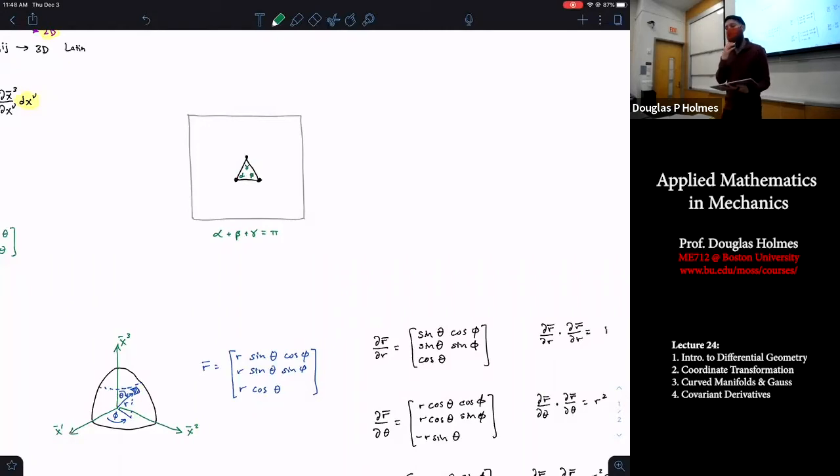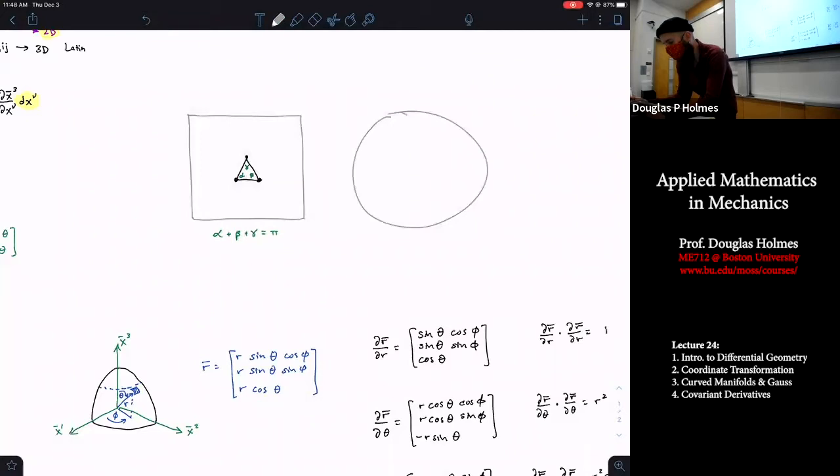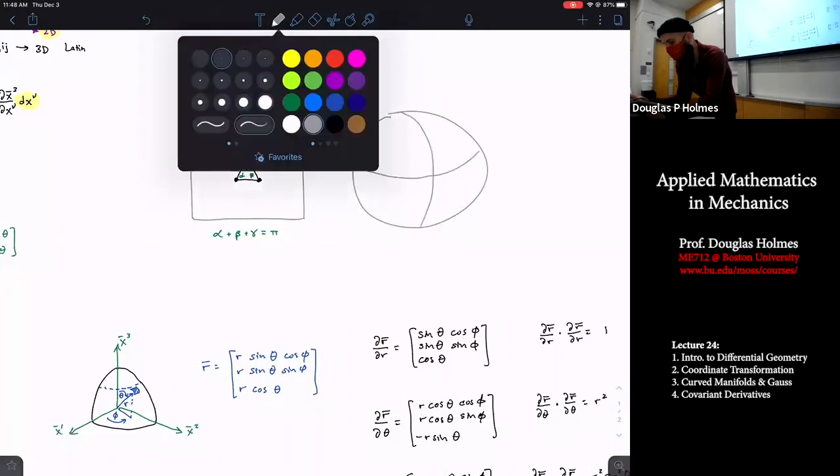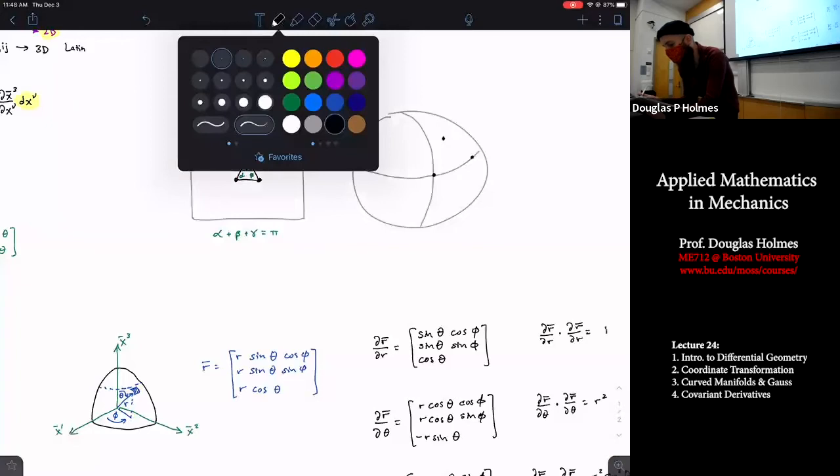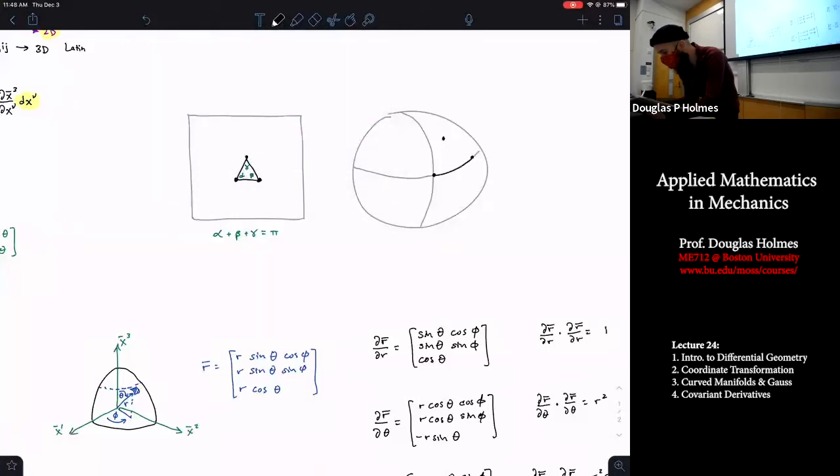So all I need to be able to do is identify 3 points on my surface, and what you'll find, and you can see it as I've drawn this curved line here, is that this line is curved, this line is curved, and this line is curved. These are the shortest distances on a spherical manifold. These are the quote unquote great circles.